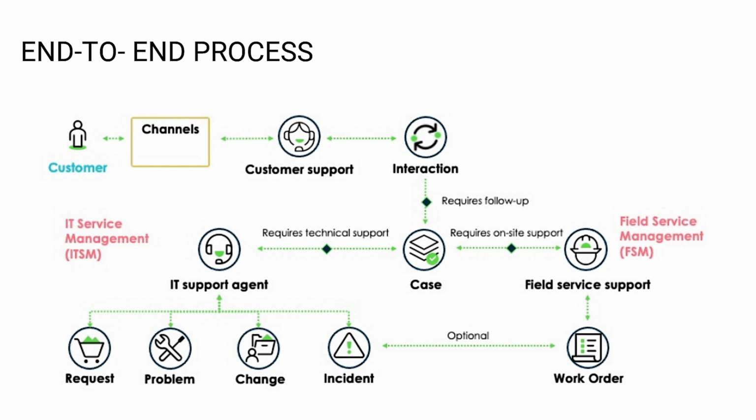Now there can be multiple requests. If the engineer says, hey, you can request higher bandwidth, then you can raise a request. If they are not able to detect the cause and want further investigation, they can create an incident.